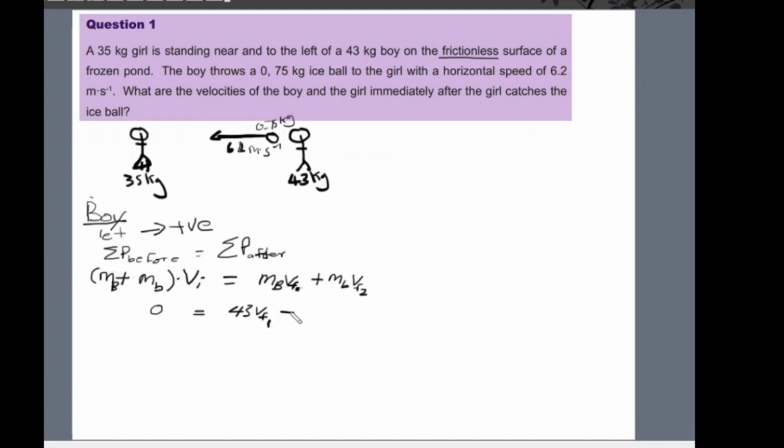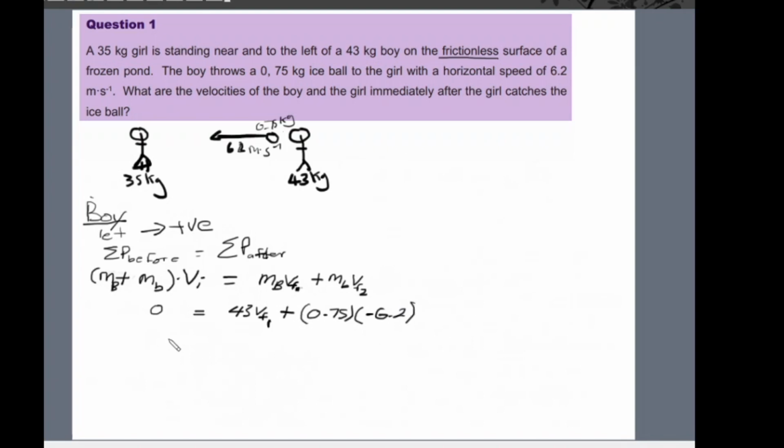And then after collision, the mass of the ball is 0.75 kg times the final velocity of the ball. So the final velocity of the ball is minus, because it's throwing the ball to the left, it's minus 6.2 meters per second.